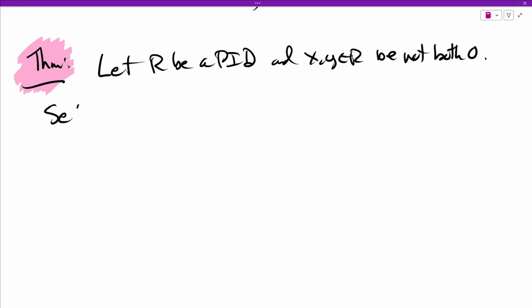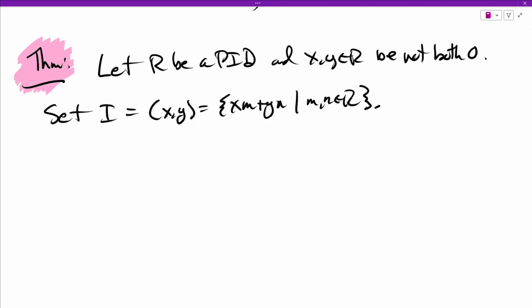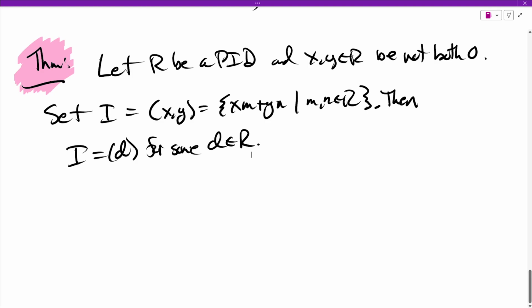Let's set I to be the ideal generated by x and y, which is the collection of all xm plus yn, where m and n are in R. Then, I is an ideal in a PID, so I is equal to (d) for some d in R. So I is principally generated because R is a PID.